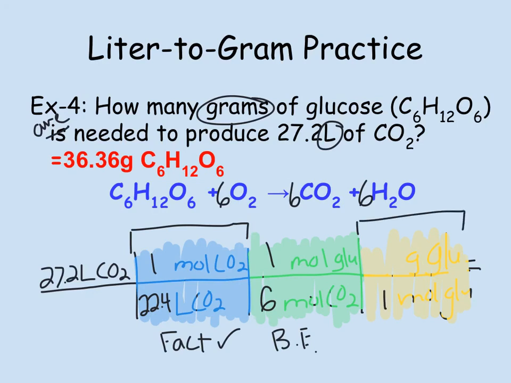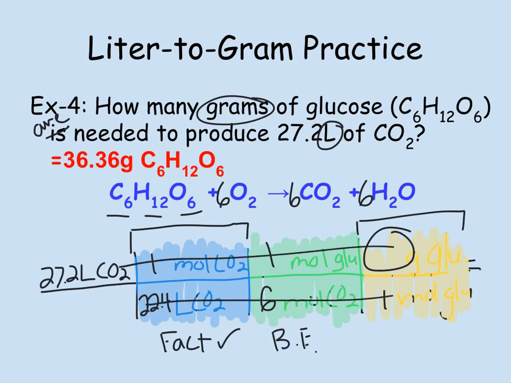So 1 mole of that substance needs to equal the molar mass of that substance, which I don't remember right now. Well, it'd be 6 carbons, 12 hydrogens, and 6 oxygens, okay? Once I plug that in right here, I should be able to multiply all the way across the numerator, divide all the way across the denominator, and get that, okay?